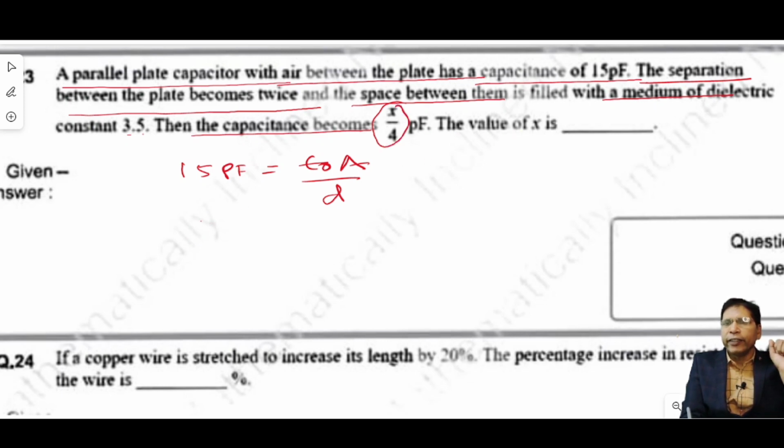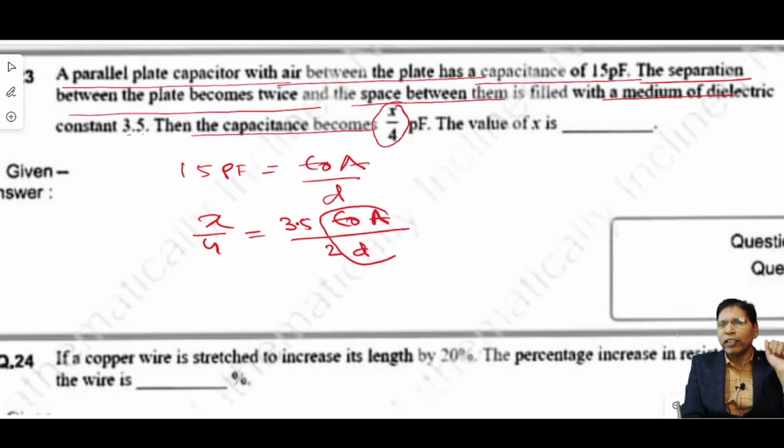This is X by 4. So this is K, that is 3.5, into epsilon naught A divided by 2D. Now this ratio is 15 picofarad. So it is 3.5 into 15 divided by 2.